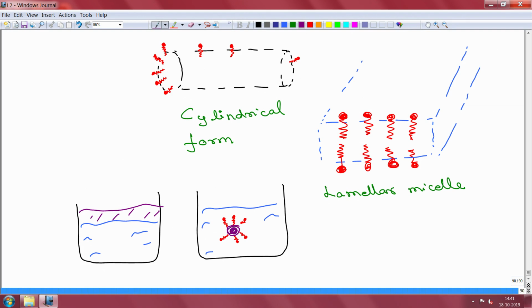So, this could be oil. Obviously, I am just drawing a schematic, so these are not to scale or anything. So, this is how you can disperse. This is your oil and this is your surfactant.